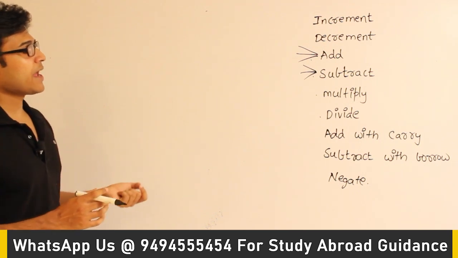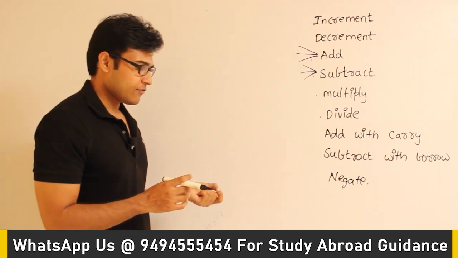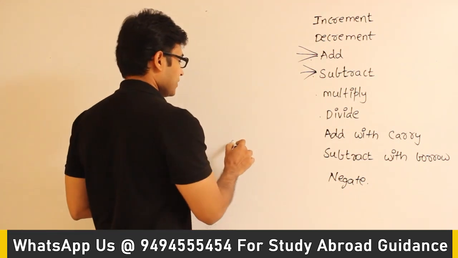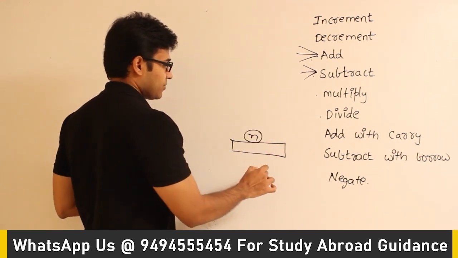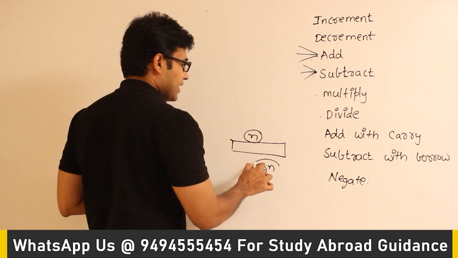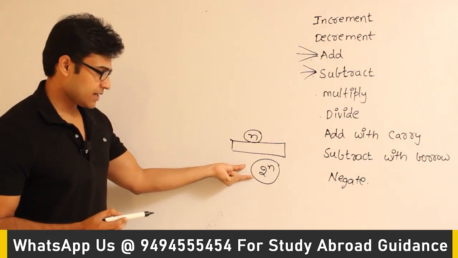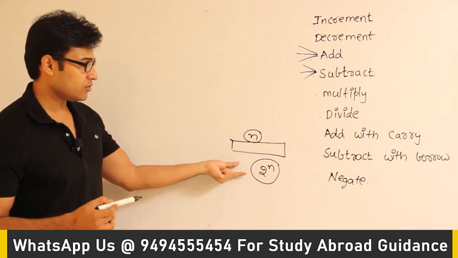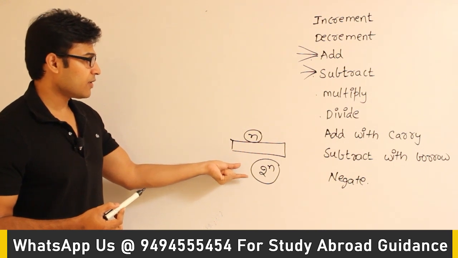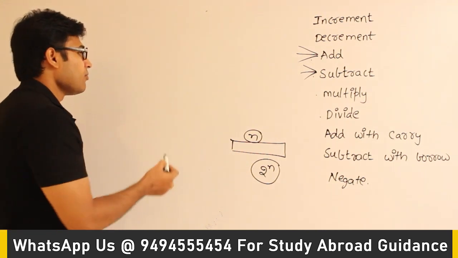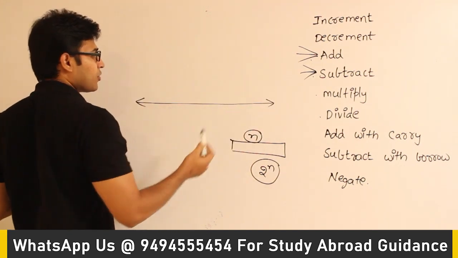And also we have to decide about the precision. Let me explain. Let us say a register has n bits. Using n bits we can represent only 2 power n numbers, because we have 2 power n different patterns, and if you give one pattern to each number, we can only represent 2 power n different points in the number line. But the real number line has an infinite number of points.